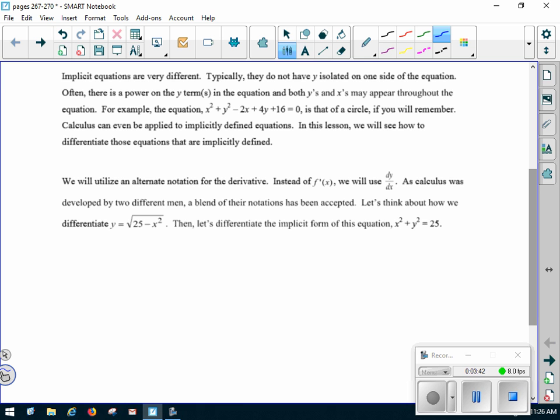Implicit equations are very different. Typically, they do not have y isolated on one side of the equation. Often there is a power on the y terms, and both x's and y's may appear throughout the equation. So take a look at that one. That's a circle.